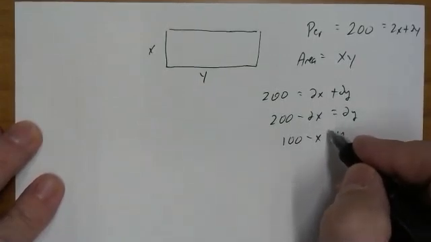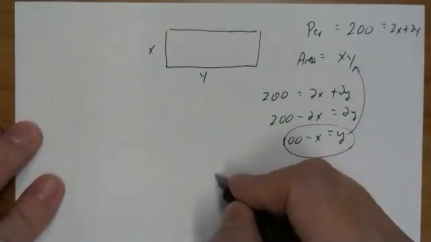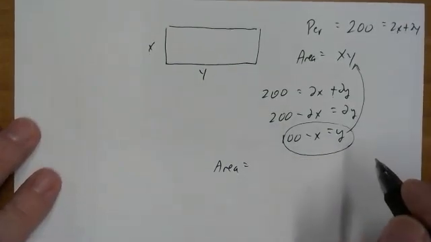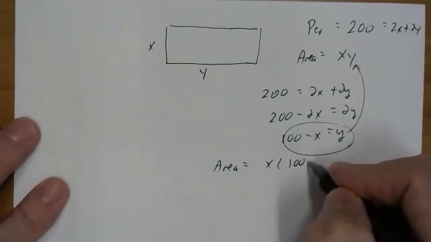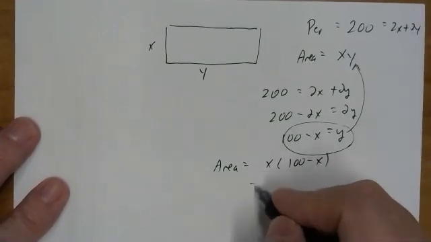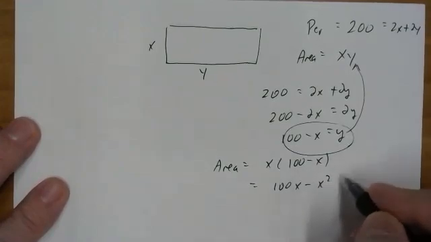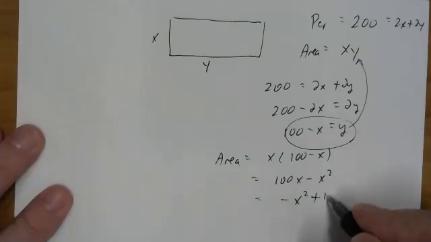I'm going to take that and plug it in for y into the area. So I have an equation: area equals x times 100 minus x, which is 100x minus x squared, if I write it in descending powers.